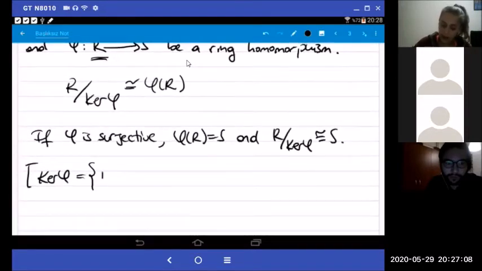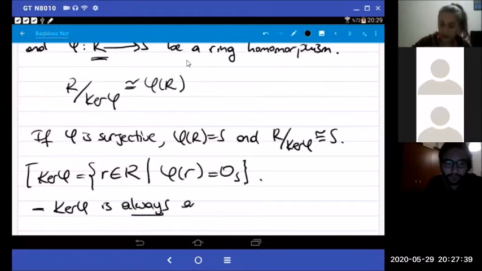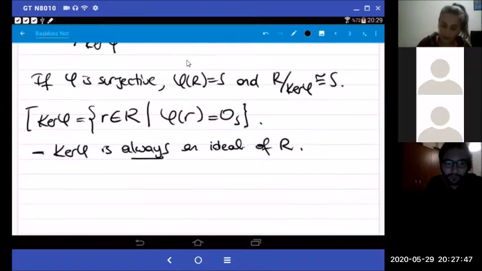The kernel of phi contains all elements from the domain ring R such that the image of these elements is the zero of the range ring S. And we know that it was also mentioned in the video lectures, a very important property: the kernel of phi is always an ideal. Okay, this is important.